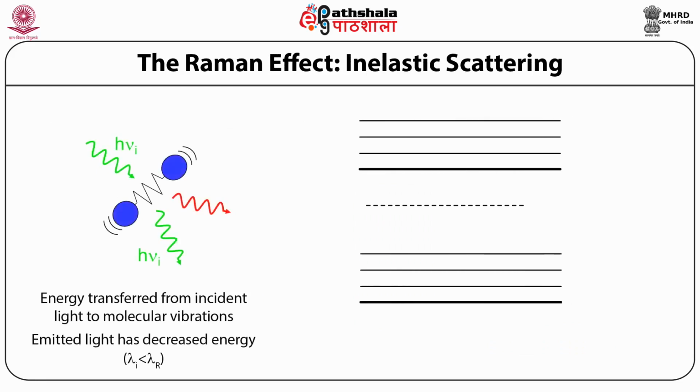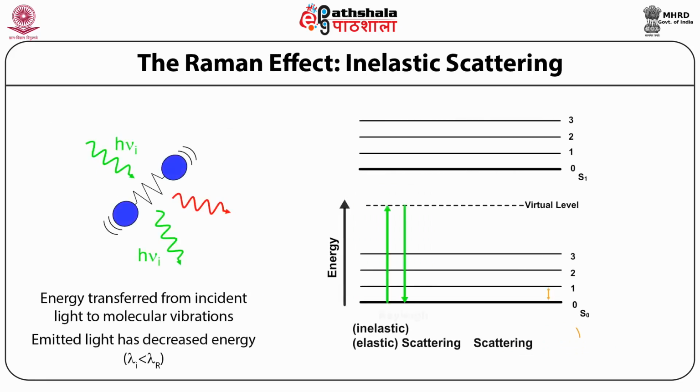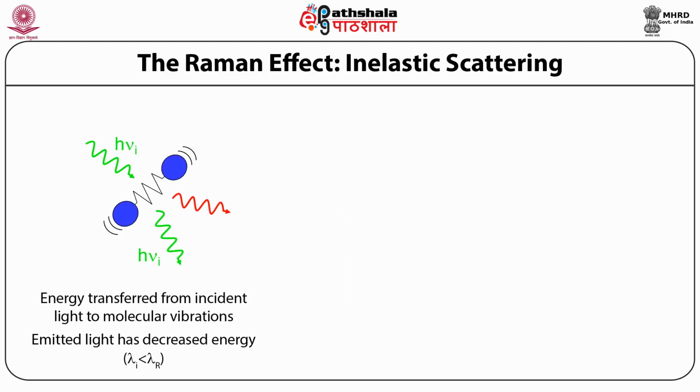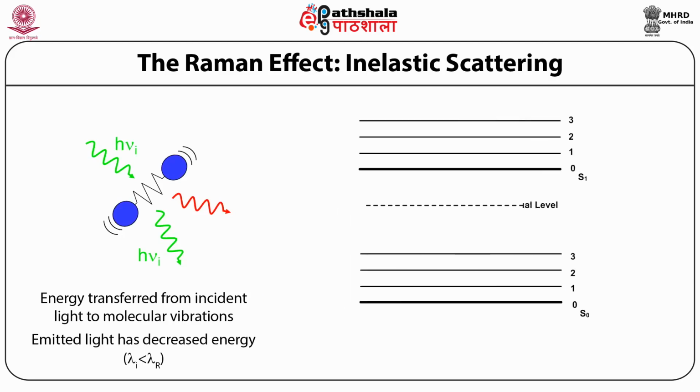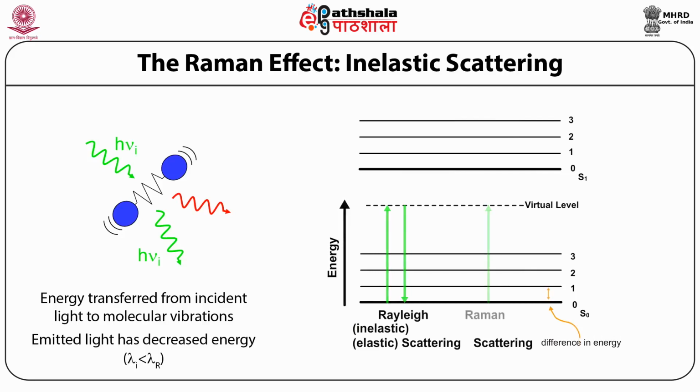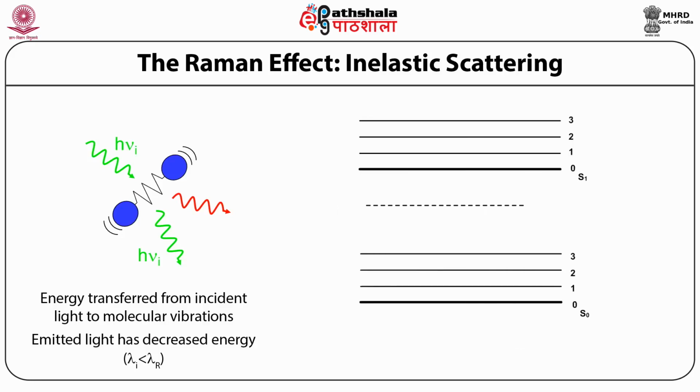The Raman effect or inelastic scattering. When incident light is scattered from a crystal or molecule, most of the photons are elastically scattered. The scattered photons possess the same energy or frequency, and therefore wavelength, as the incident photons.